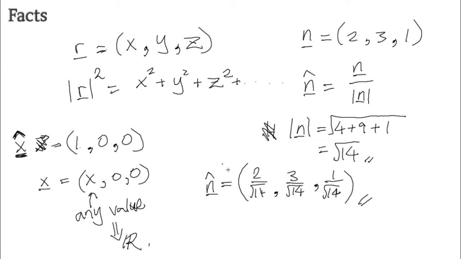And finally, after all this mess of new stuff that you need to know, it's time to talk about parallel and equal vectors. So these are all line vectors that I've described.